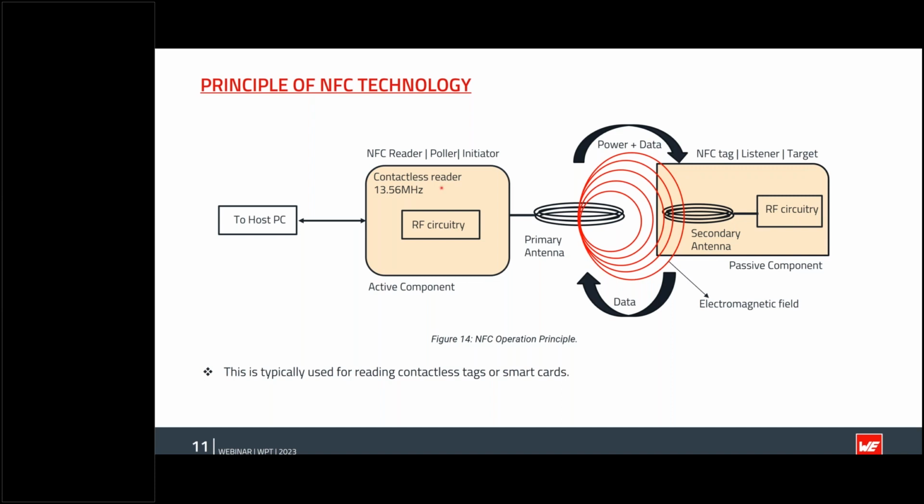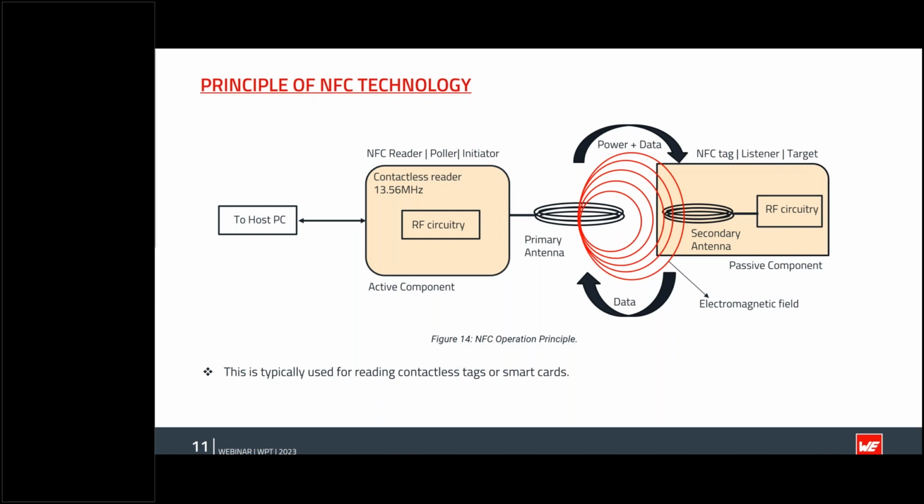Since the contactless reader is powering up the NFC tag, it is called the active component, and since the NFC tag itself has no power source, it is called a passive component. This is exactly how your contactless tags or smart cards function.